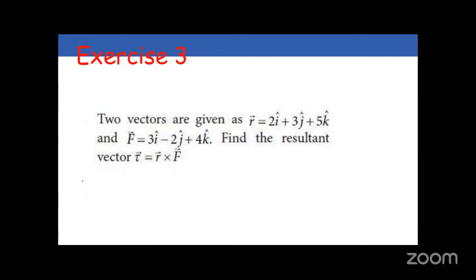Find the resultant vector tau equals R cross F. So this is a cross product problem.